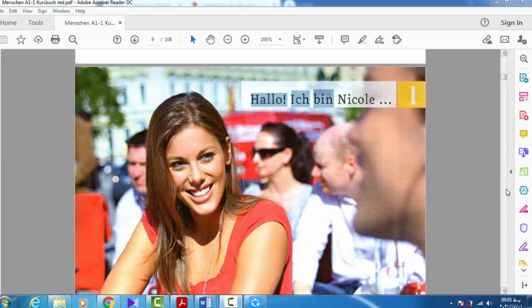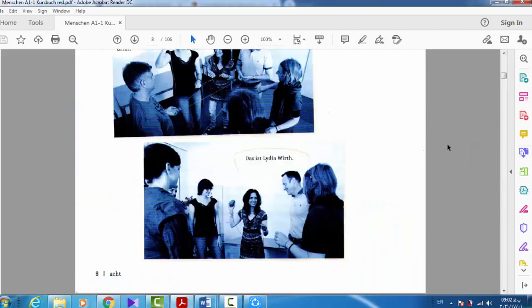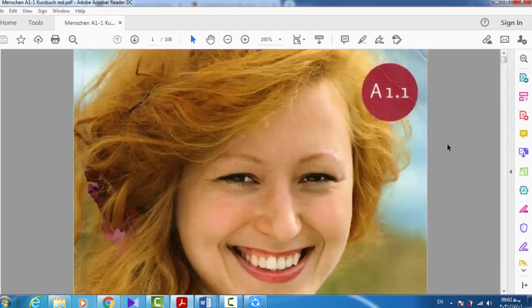Menschen books for understanding the German language, or Deutsche Sprache. As you see here, the picture of the book for A1 is the basic book for beginners, for someone who wants to understand the German language and has no information about the German language, the basic words and vocabs.